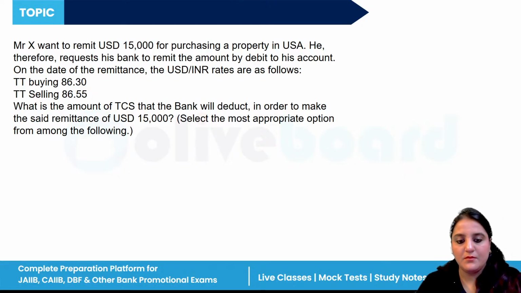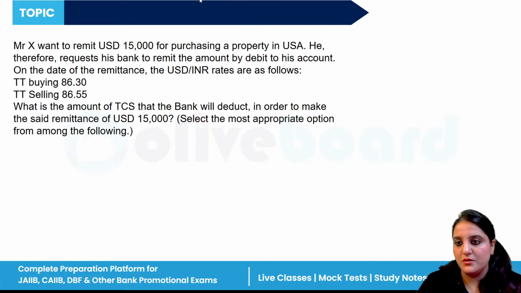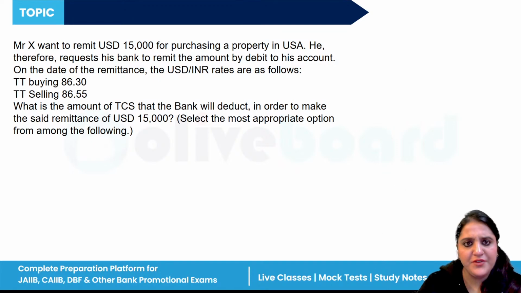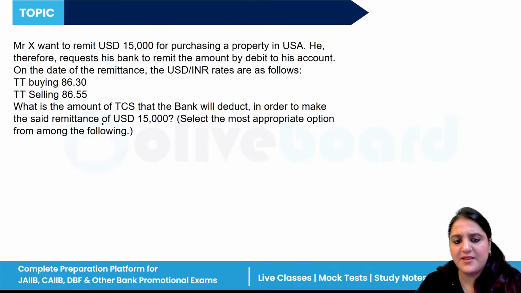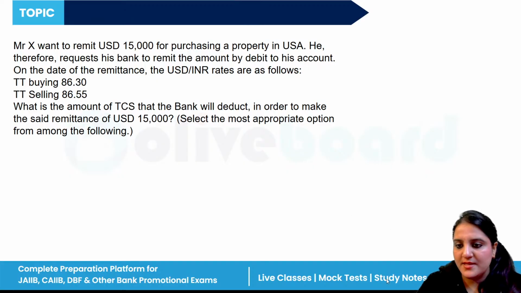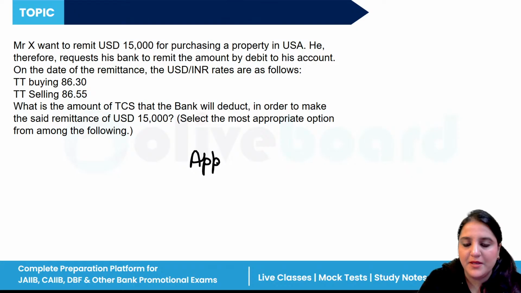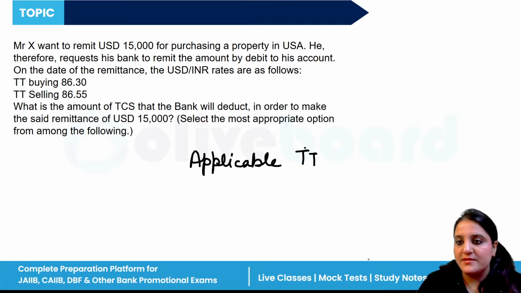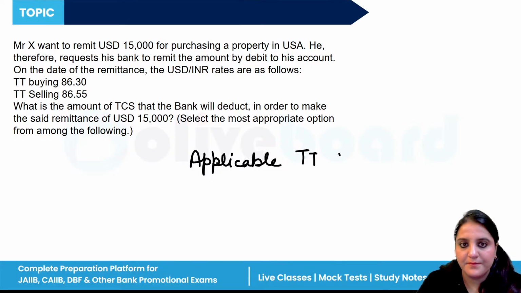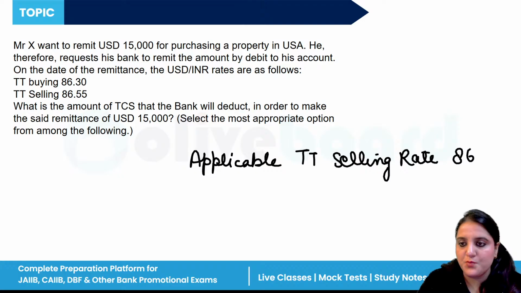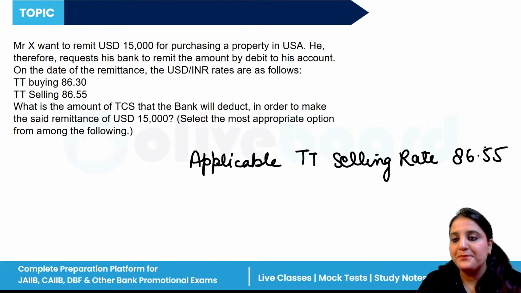See, how to solve this question? Mr. X has to make a payment of US dollar 15,000 here, right? So in this case, the bank will sell, and the applicable TT selling rate will be 86.55, right?